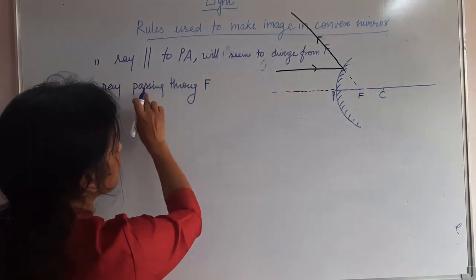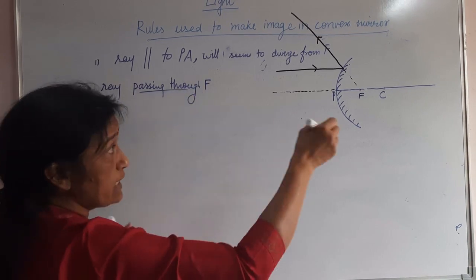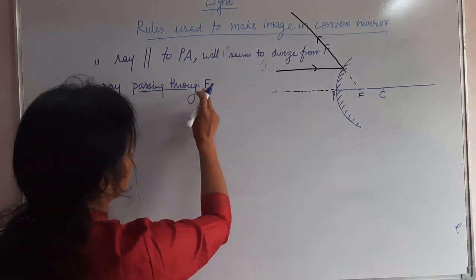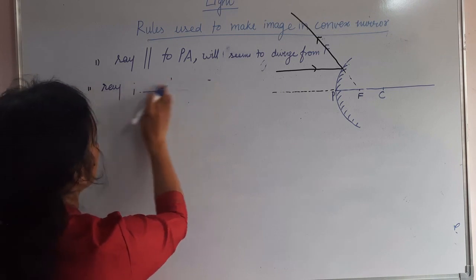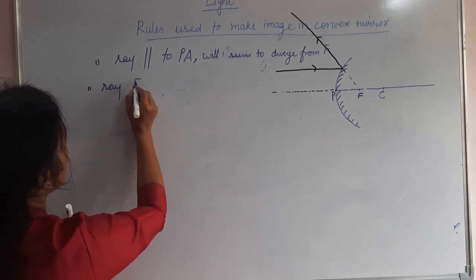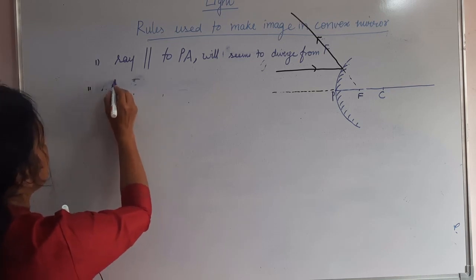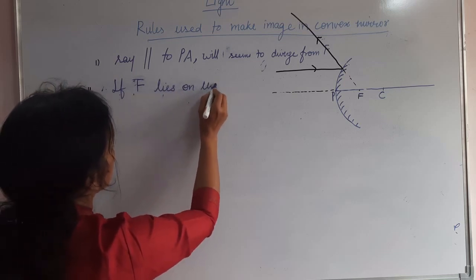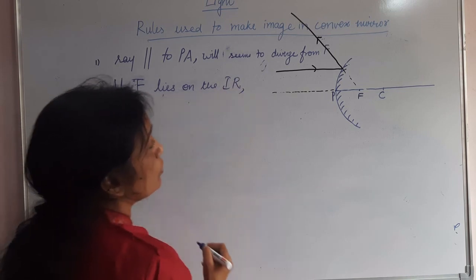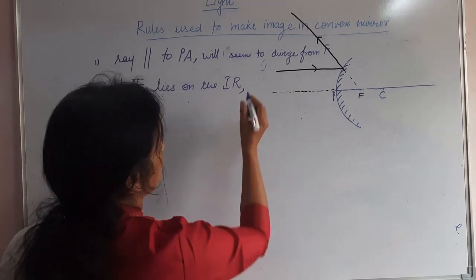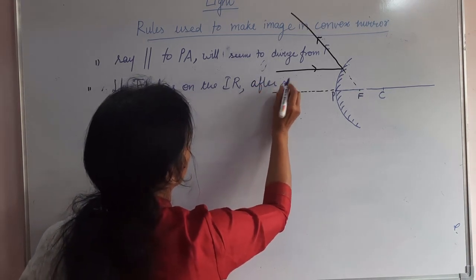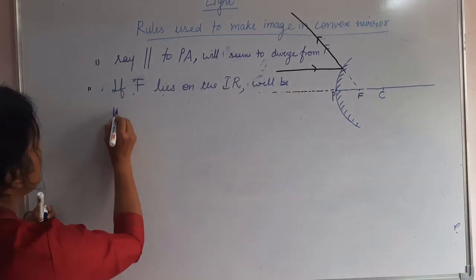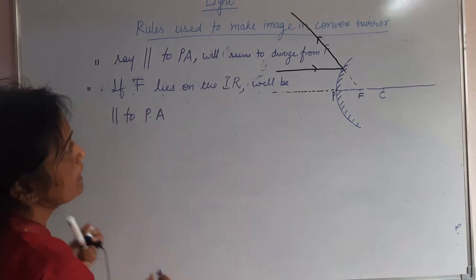If you extend it in the forward direction, it will definitely meet at F. So if the principal focus F lies on the incident ray, then after reflection it will be parallel to the principal axis. Let's see this one.